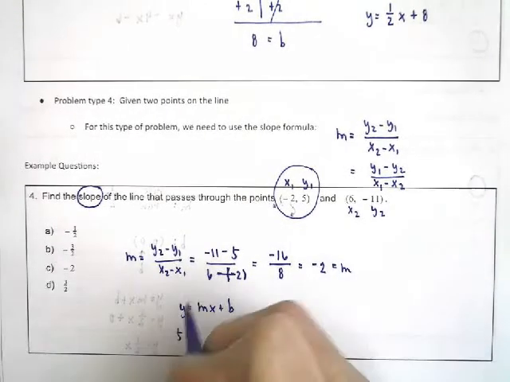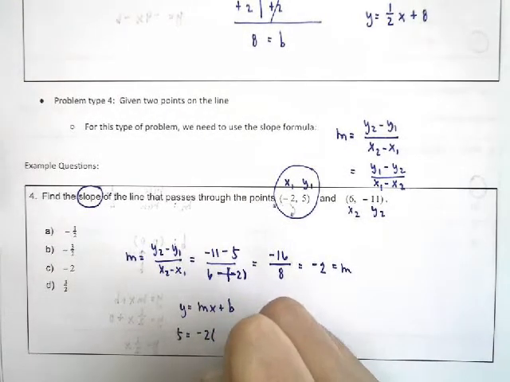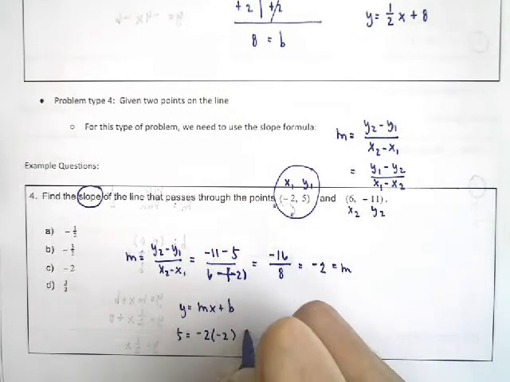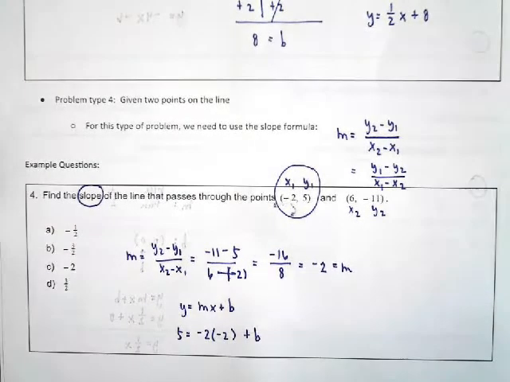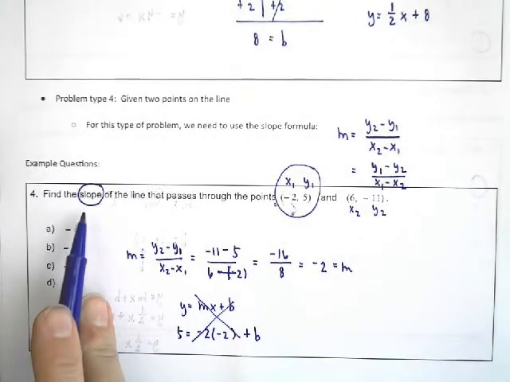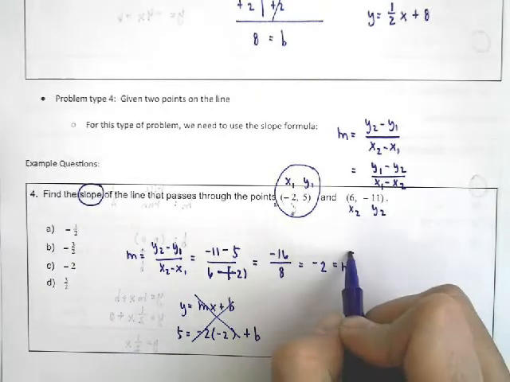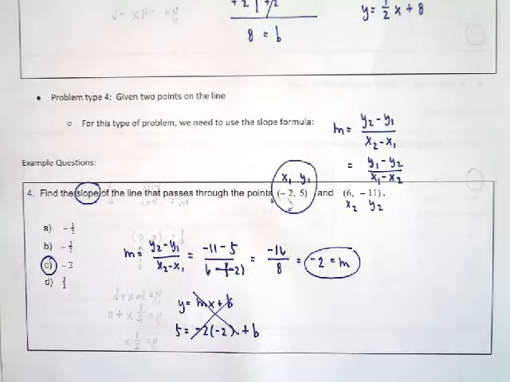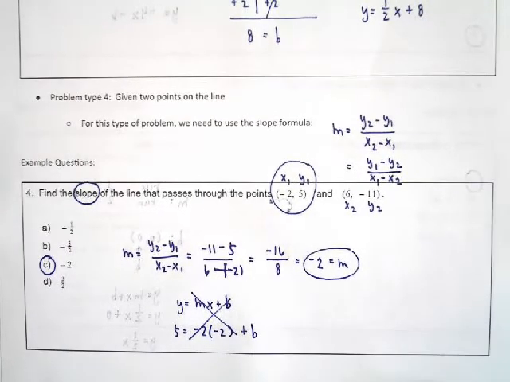My m, we found out, is negative 2. X is also negative 2 in this case. And then I'm going to copy plus b. Oh, you know what? I went too far here. I forgot my directions said just to find the slope. So when we had m equals negative 2, that was our slope. And that problem's actually done. Hopefully you caught that before I did.